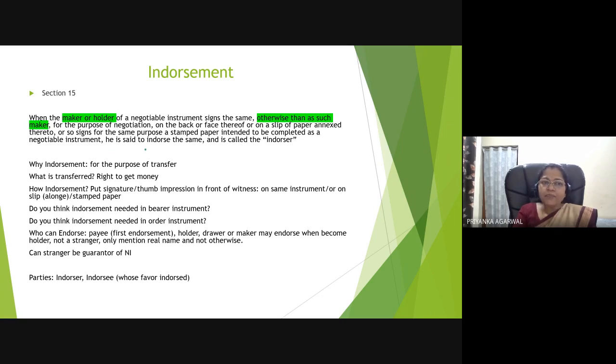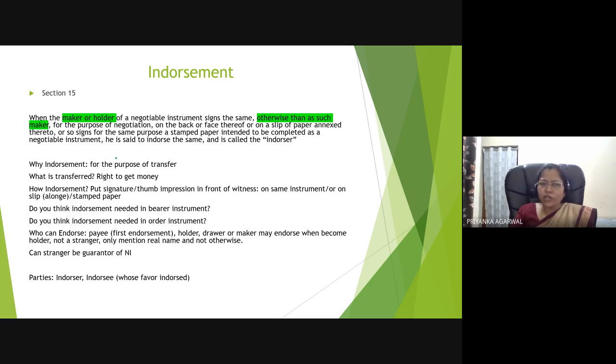It says that the maker or a holder of the instrument signs the same, either on the face of the instrument or on the back side. If the back side is also full, and the holder or maker wants to endorse it further, then he or she can attach a slip, any blank paper, and that blank paper is called your allonge.